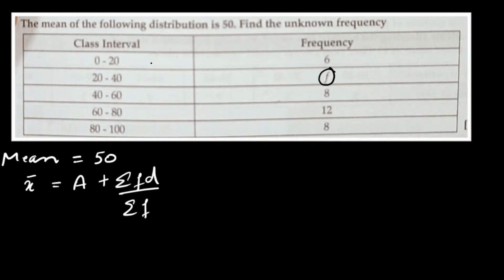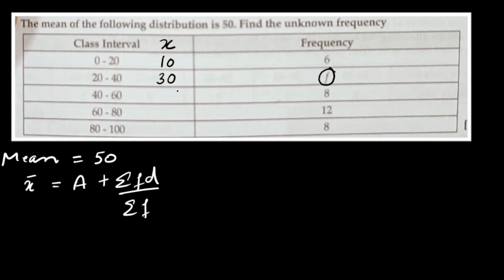From the table, first of all, we have to find the value of the class mark. How to find the class mark? We add the upper limit and lower limit and divide by 2. Finding class mark we have learnt in the previous class. So 0 plus 20 divided by 2 is 10. Now the class size we can add, so the next one will become 30, like 10 plus 20.